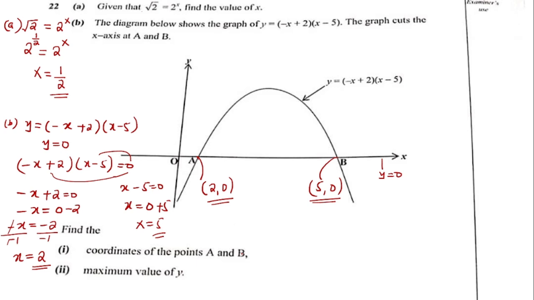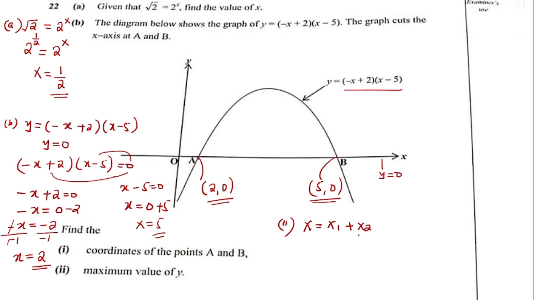That will require us to express this equation in the quadratic format, but nevertheless we can also say the equation of the line of symmetry is equal to x1 plus x2, then divide by 2.